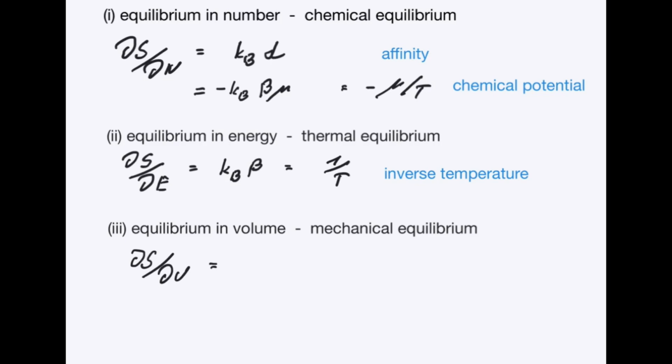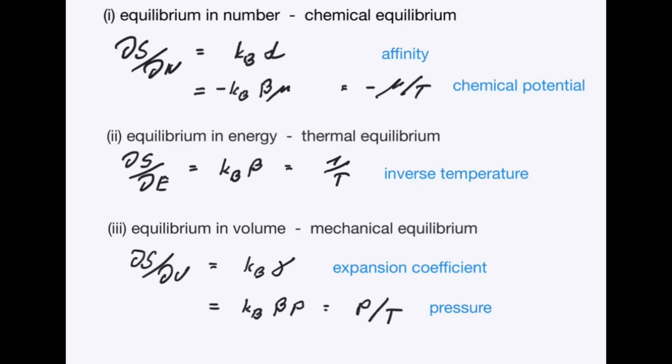What we found is that dS/dV is equal to Kb times gamma, where gamma is the expansion coefficient, or using again the definition of beta, the derivative is expressed as Kb times beta times P, or is equal to P divided by the temperature, where P is the pressure of the system.